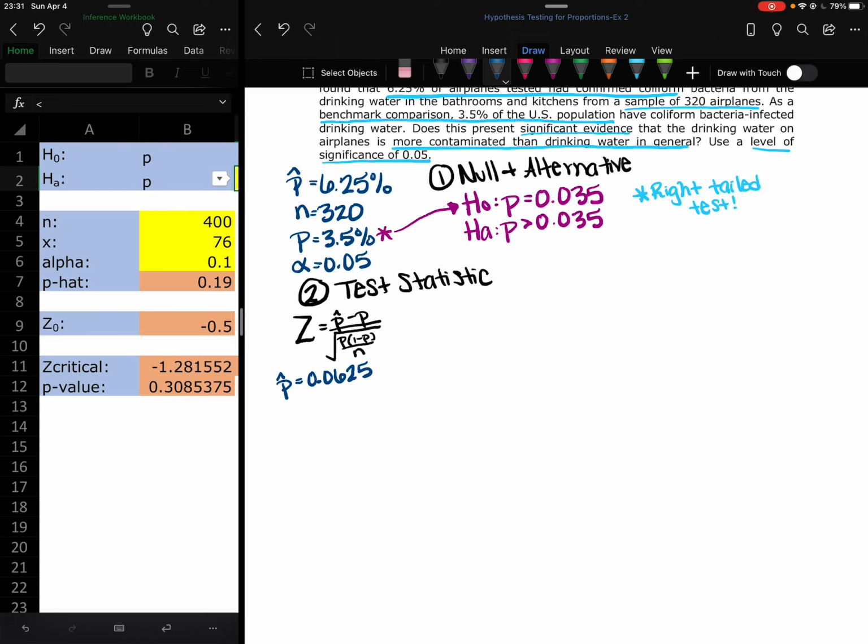I'm just going to write that out as a decimal instead of a percentage. You could write it as a decimal when you're writing down all of the numbers from the problem as well, so you don't have to remember to do it later. So 0.0625 minus 0.035, which is p, divided by the square root of 0.035 times 1 minus 0.035 over 320.